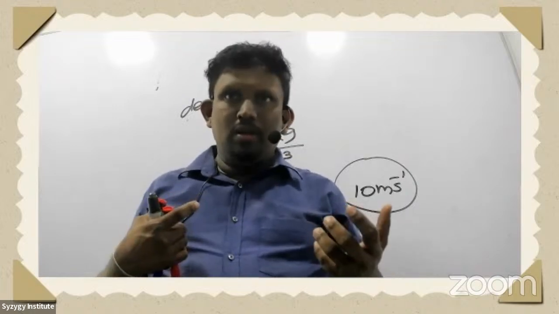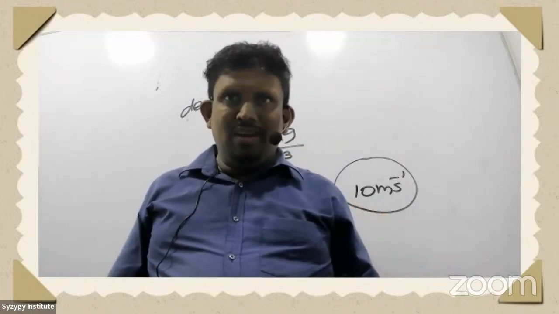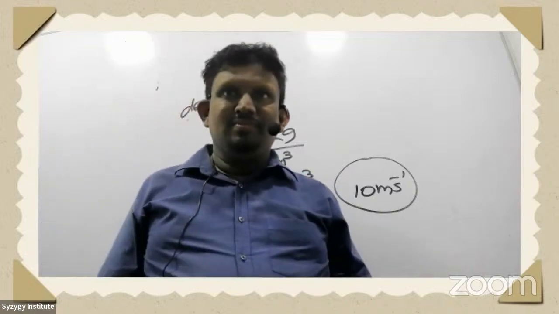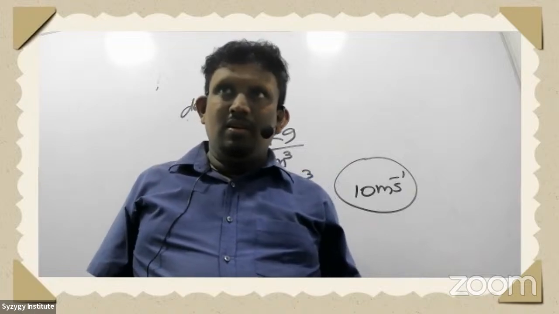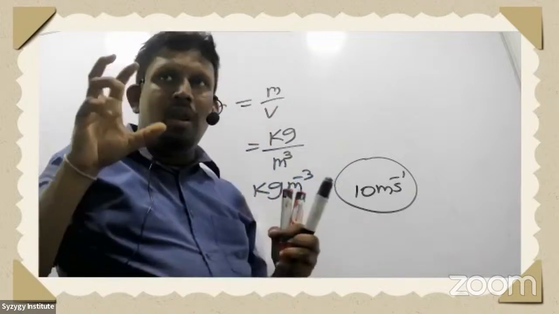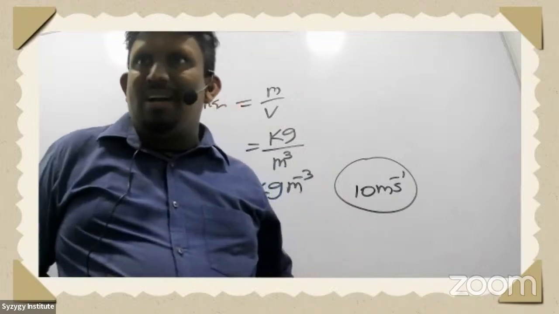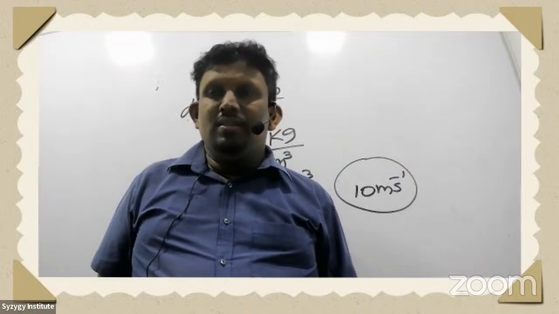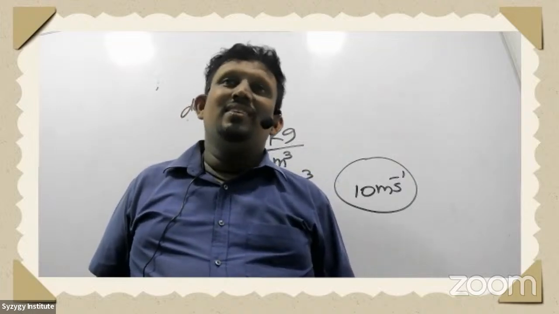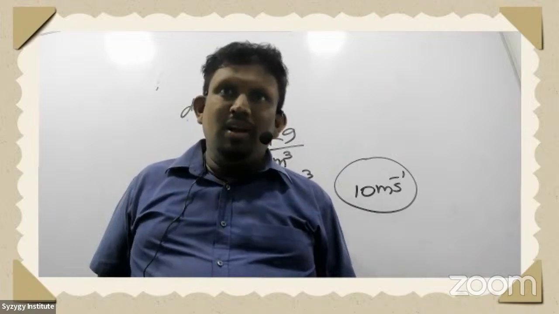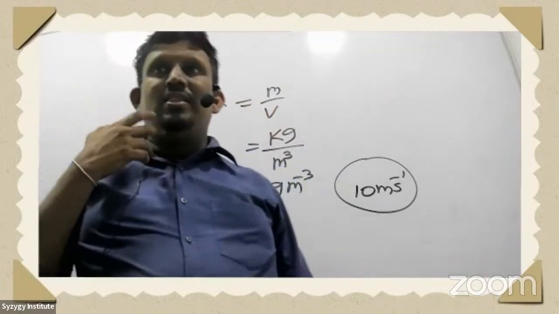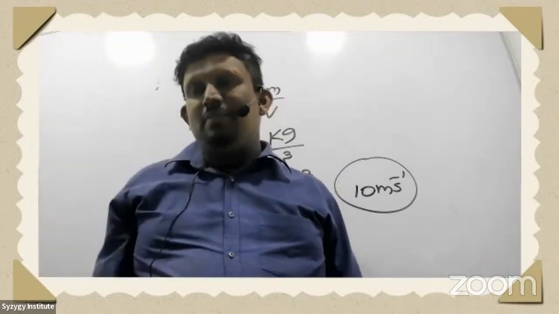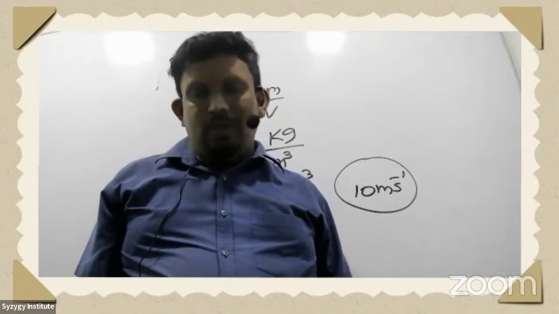Then assume you have a bullet. Bullet and ball. When you are hitting with the ball and the bullet, the bullet has more velocity compared with the ball. Then which one is making higher impact? The bullet, no? That means sometimes the higher impact depends on the mass, and sometimes on the velocity.